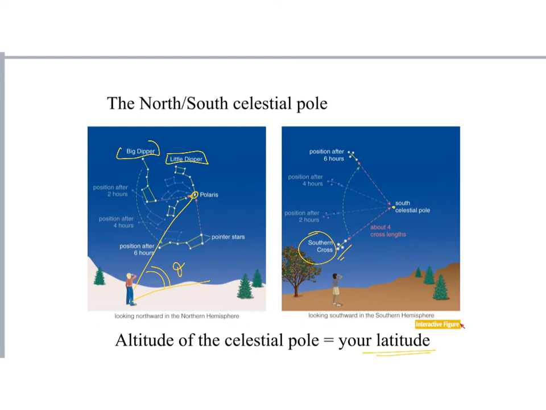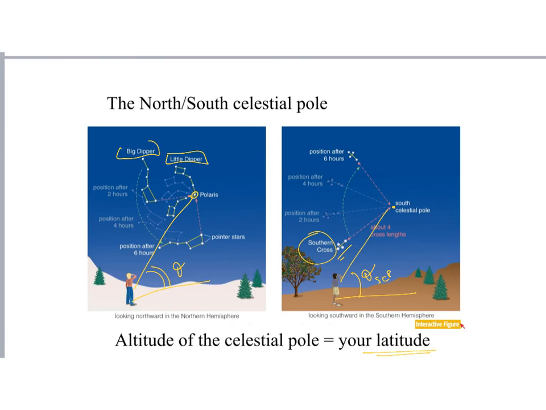So if you do this, you measure the angle from the horizon to the south celestial pole. There is no star there to identify, so you would need to maybe draw some things on a piece of paper, or just estimate.